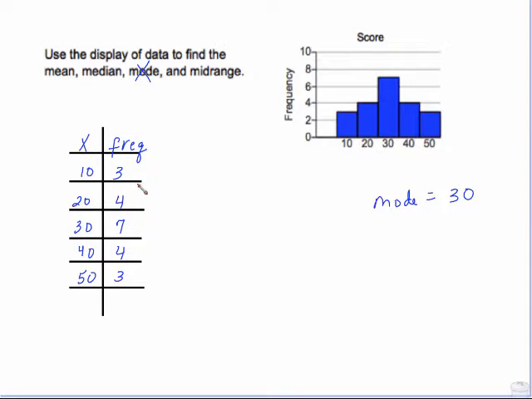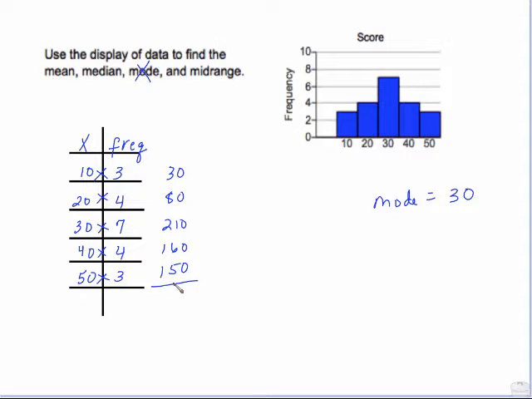The mean, I need to use my formula from the first screen, and that is multiply x times the frequency, so 10 times 3, that's 30. Multiply 20 times 4 is 80. 30 times 7 is 210. 40 times 4 is 160. And 50 times 3 is 150.